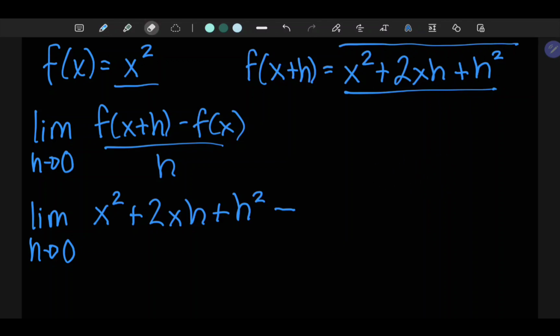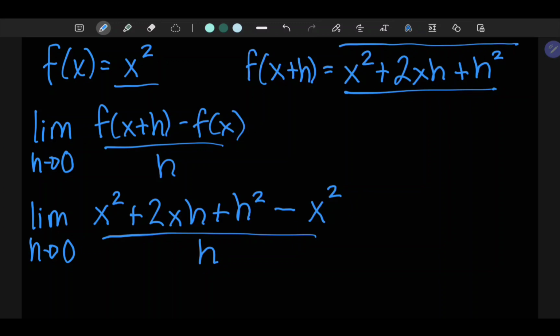When you have multiple terms, this negative is going to affect all of those terms within it. You'll be subtracting every single term, not just the first term. In this case, it'll be minus x squared. That's just one term, so we're only going to carry one negative. And then don't forget to put this all over h.